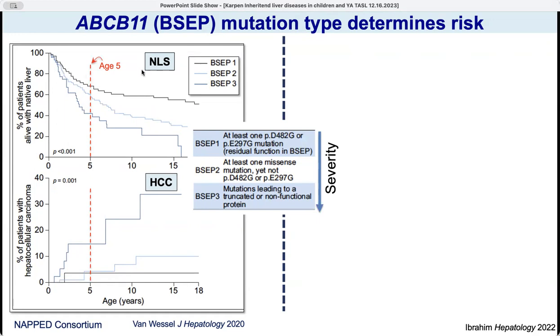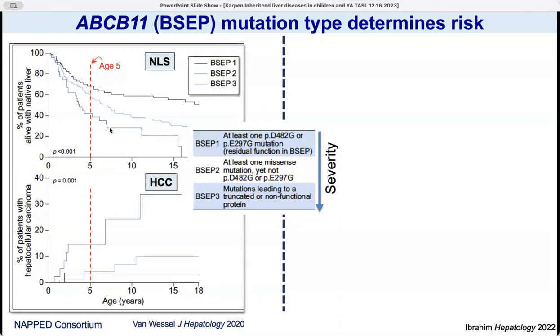And here are shown native liver survival on the top in the different BSEP categorizations, 1, 2, or 3, or risk of hepatocellular carcinoma. I want you to focus on this graph and this one. These are the ones with the more severe mutations, meaning that they're going to accumulate bile acids more.